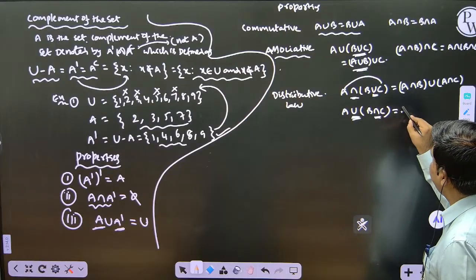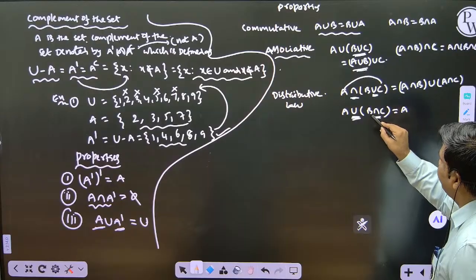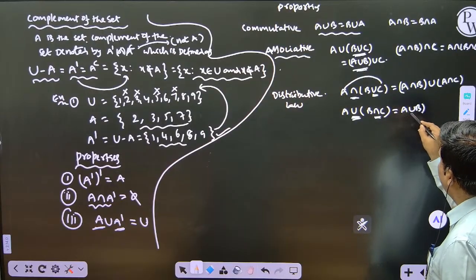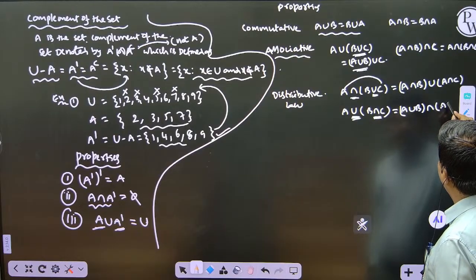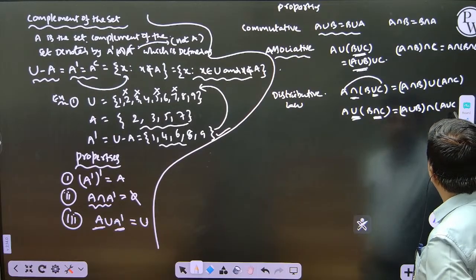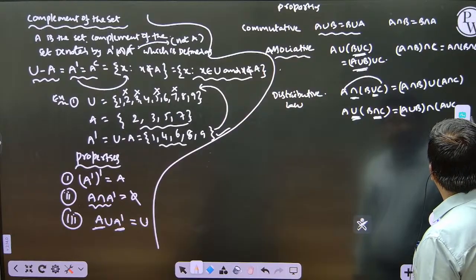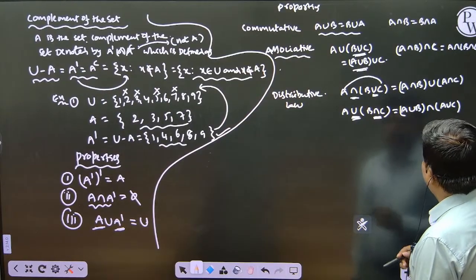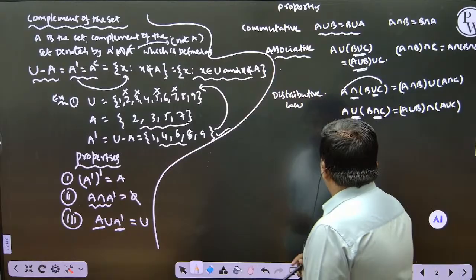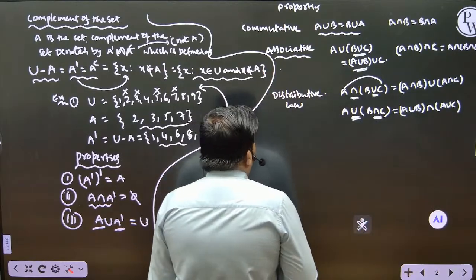So first A union B, next what is the operator in between? Intersection, and A union C. So this is called the distributive law.